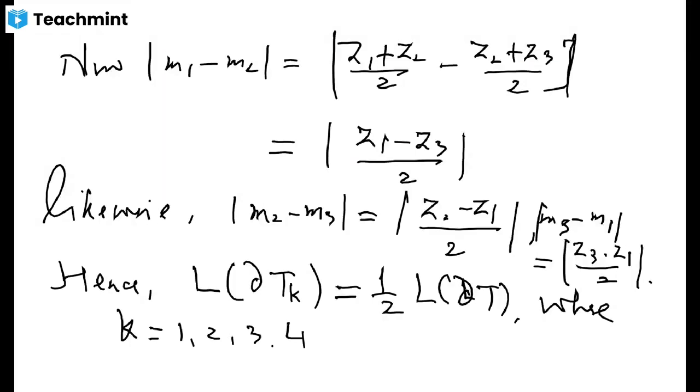So let us note this fact here. We have to note other things also. Now put I equals the integral over the boundary of the triangle T of f of z dz.